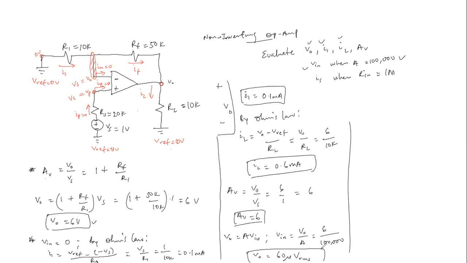And then the last point here is I sub S, which is the same as V in divided by the input resistance. The input resistance is given as 1 mega ohm. So V in is 60 microvolts root mean squared divided by 1 mega ohm. So I sub S is the same as 60 picoamps.